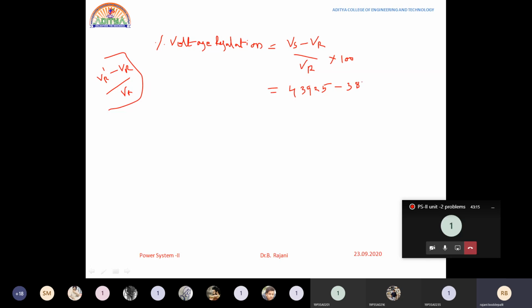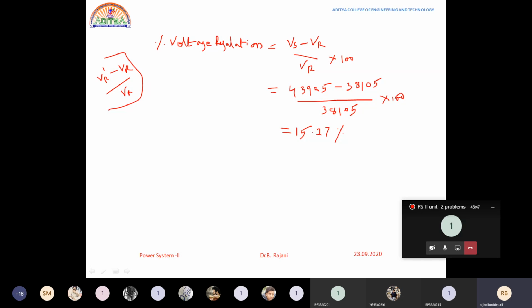This one we will be getting 105 by the receiving side voltage, 38105. Now into 100, we will be getting 15.27%, right?